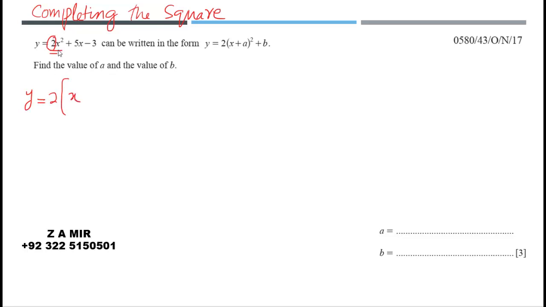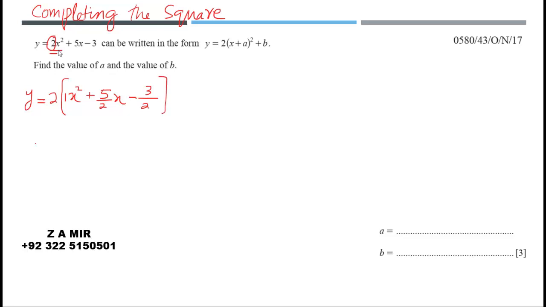So it is x square, and 5 over 2 x, we will divide every term by this common factor. So 2 over 2 is 1, and 5 over 2 is 5 over 2 x, and then minus 3 over 2. So whatever we take common, we will divide every term by that common factor.